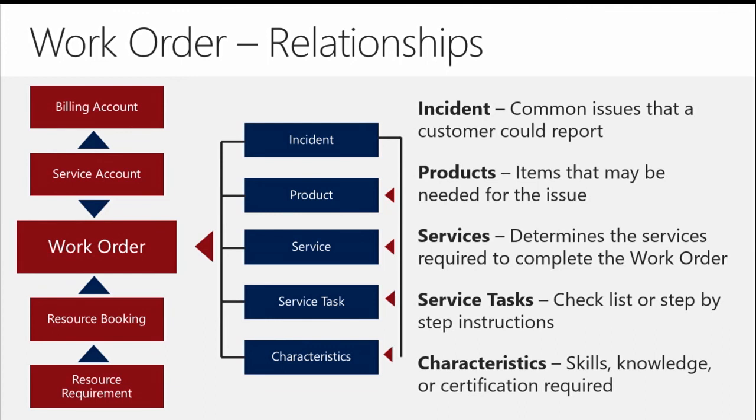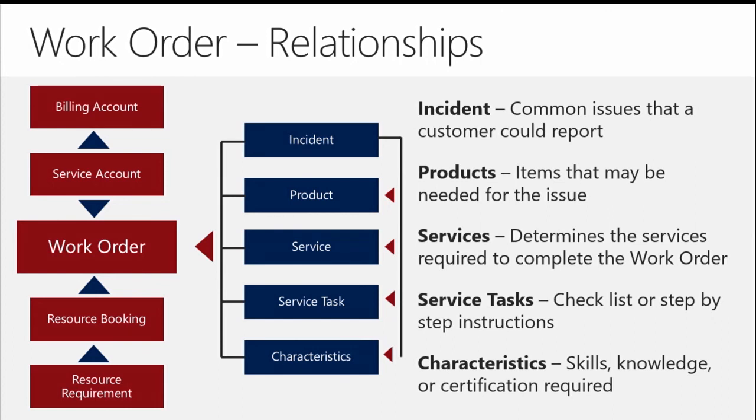An incident in Dynamics 365 for Field Service is really more of a common issue or something that gets reported very often. So for example, we might have a down system. That might be something that we would set up as an incident inside the application. And what the incident allows us to do is to template out a lot of the specific things that we would need in order to fix that down system.